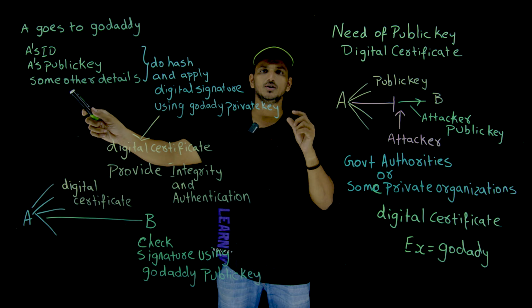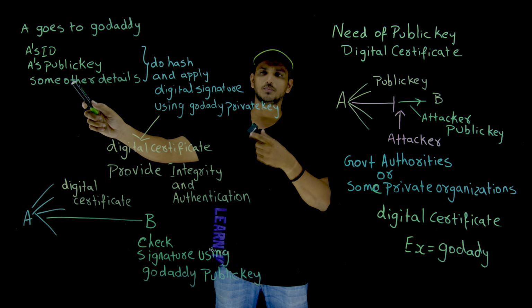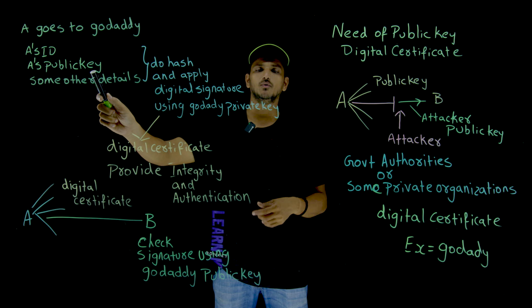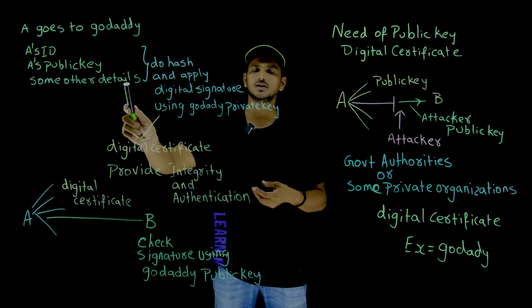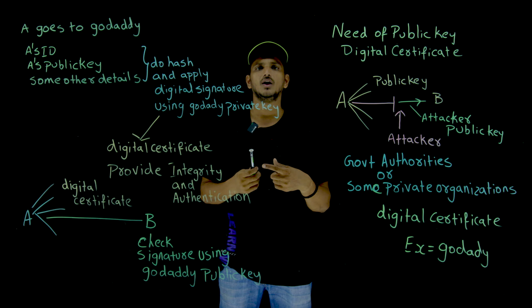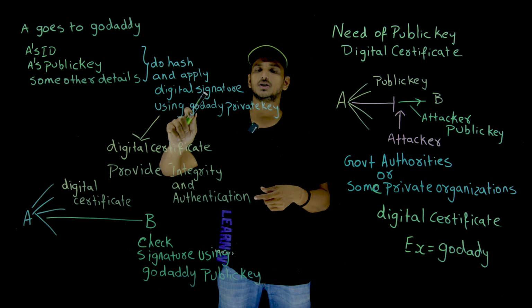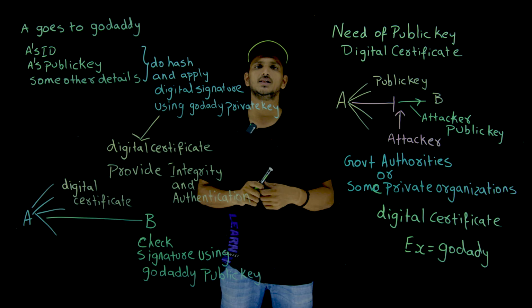We will have a unique identifier, and our domain name should be provided. A's ID and A's public key, whatever public key we want to use, and some other details. What these details are, we are going to discuss in our next class. There is a separate format for providing these details.